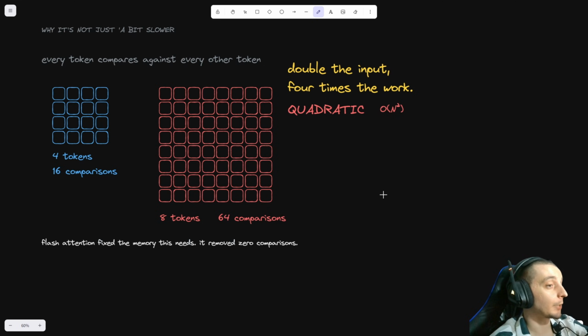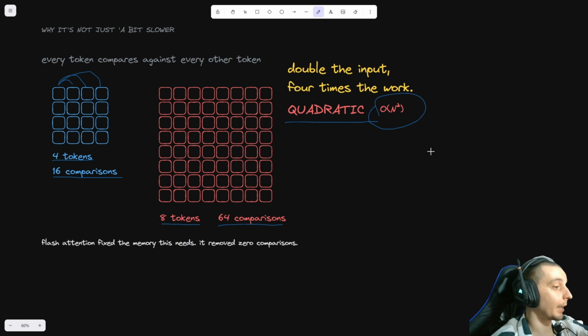And prefill can get expensive really fast because, as I said earlier, during the prefill stage every token looks at every other token. So if we have 4 tokens, we are going to need 16 comparisons. If we have 8 tokens, we are going to need 64 comparisons. So we clearly have a quadratic function here, with a time complexity of order n squared.